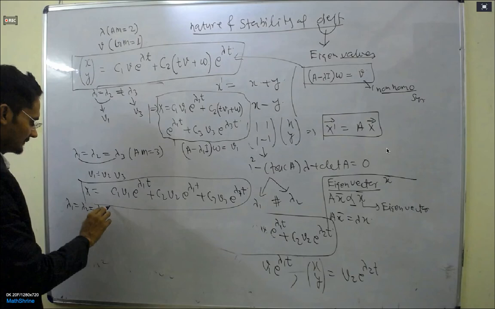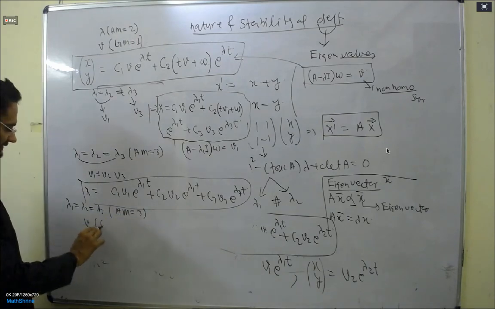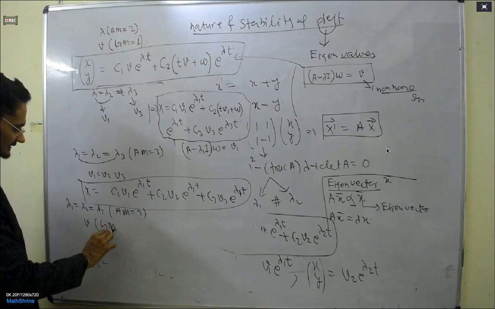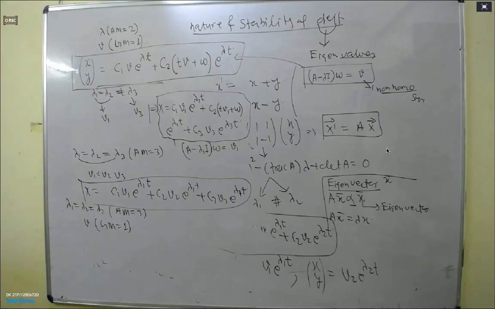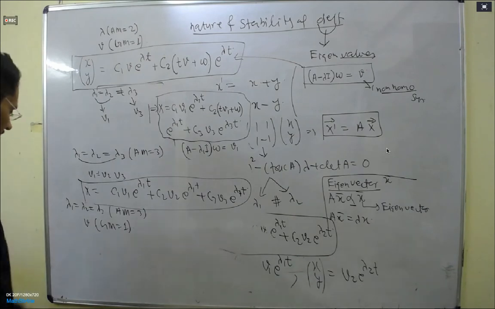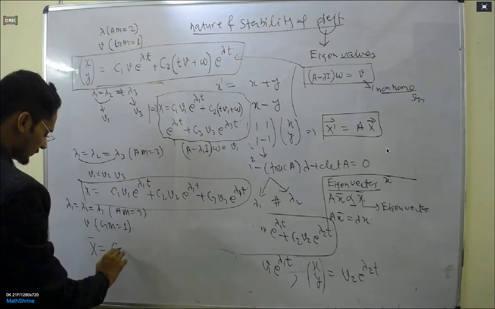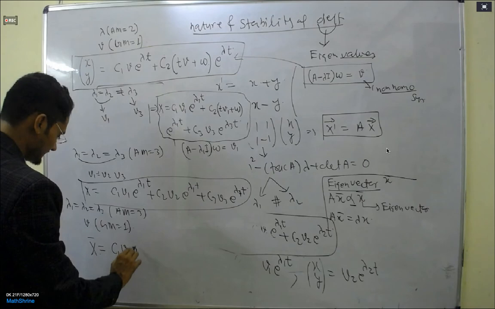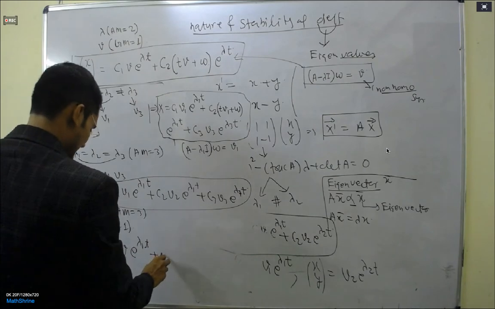c2. Tell me, how do we calculate? This will come out as (t v plus w) e raised to the power lambda 1t plus c3 e raised to the power lambda 1t. When all eigenvalues are the same and we have only one eigenvector, we need something more here, and this is the homework for you.